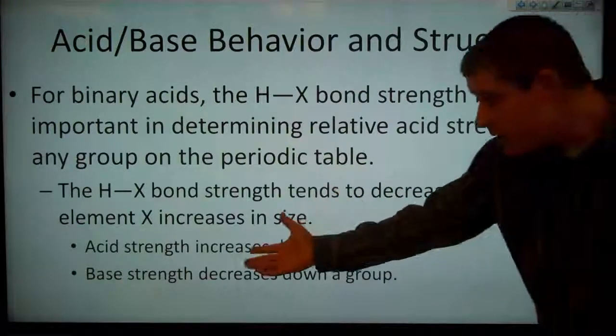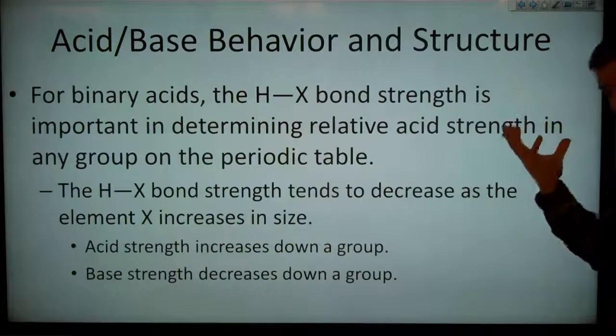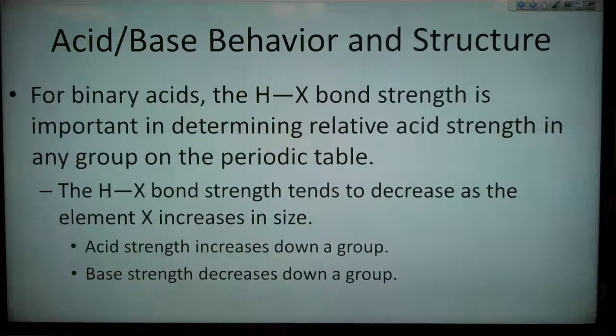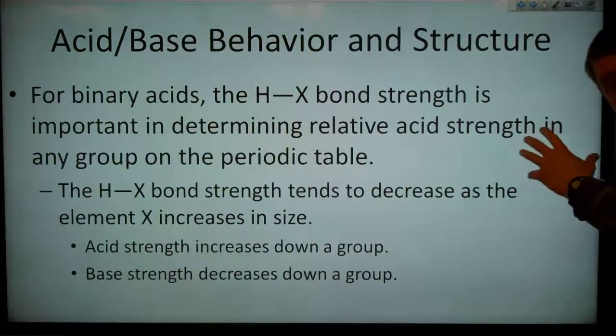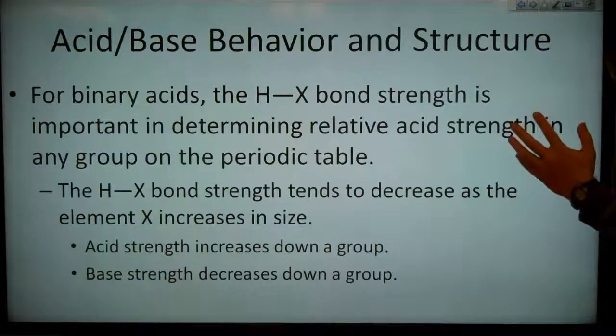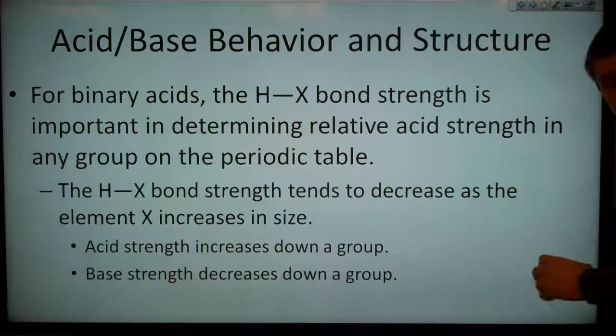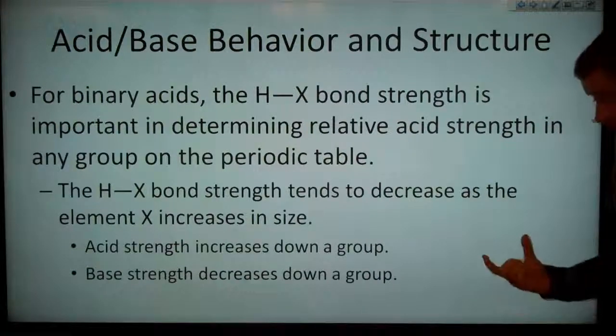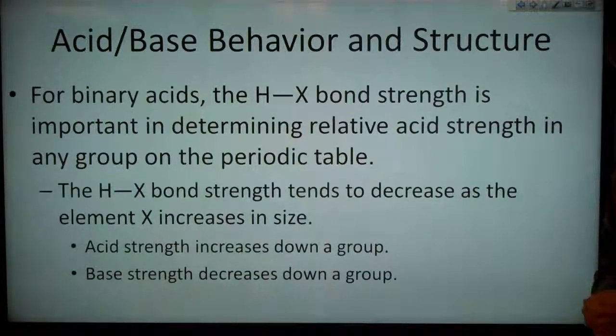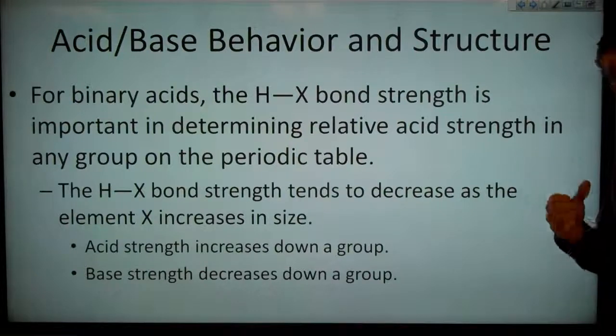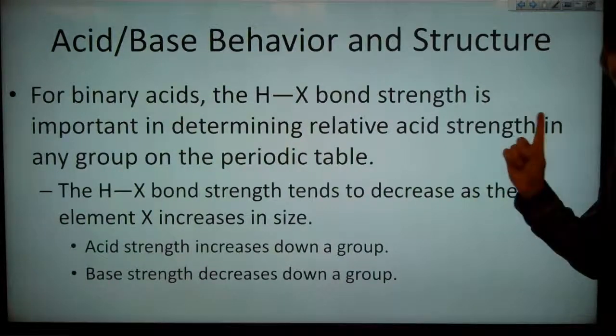What this also means is that base strength is decreasing as we move down a group. So a chloride ion is a stronger base, although still negligible. It's a stronger base than a bromide ion, which is a stronger base than an iodide ion. But the chloride ion is a weaker base than the fluoride ion.